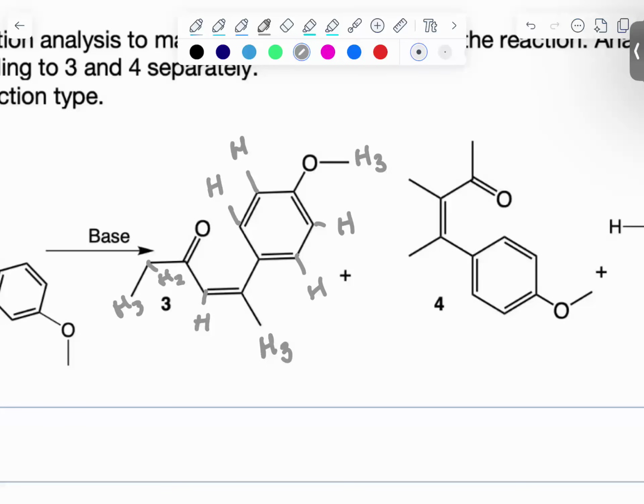Am I missing any? Yes, no? Okay. So with all of our implied protons drawn out, how many signals would I expect to see from this structure? Yeah, 7.